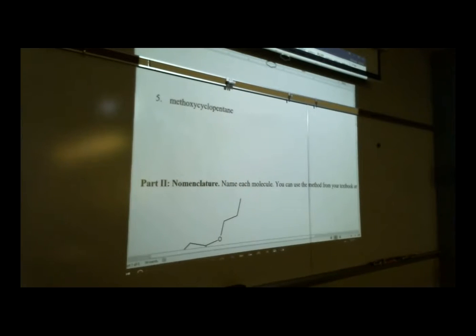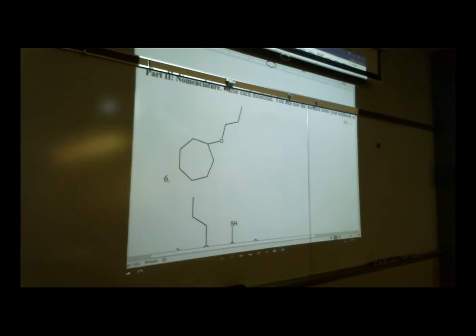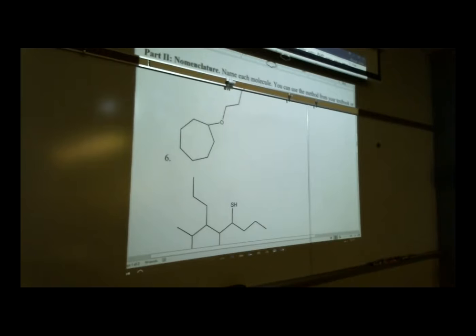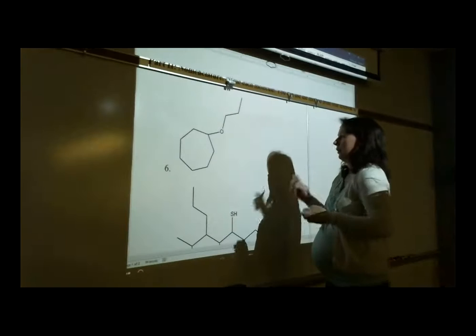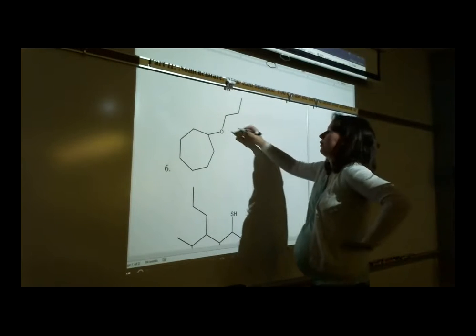Now let's go on to nomenclature. I said you can use the method from your textbook, or you can use the correct IUPAC names, because the textbook nomenclature for linear ones is kind of ambiguous. But your textbook does use IUPAC nomenclature for rings. So what kind of group is this?